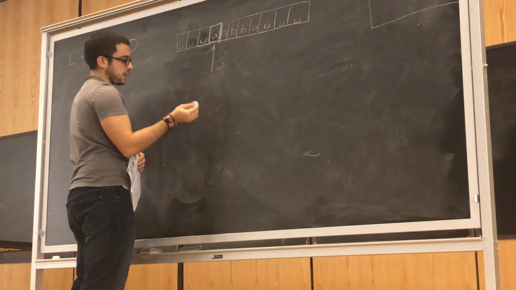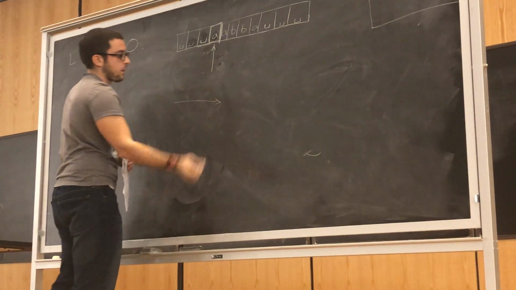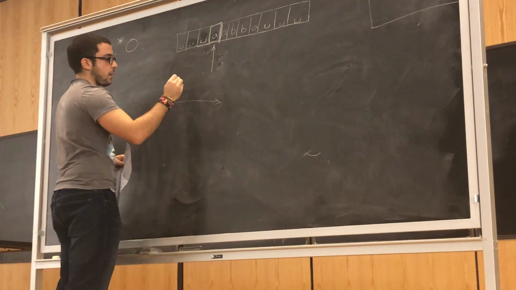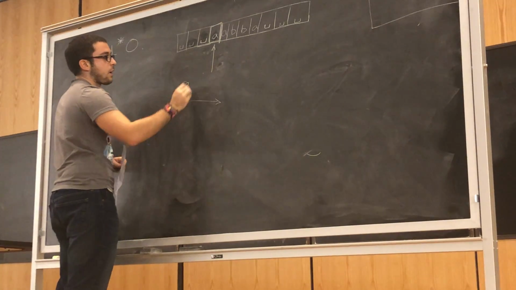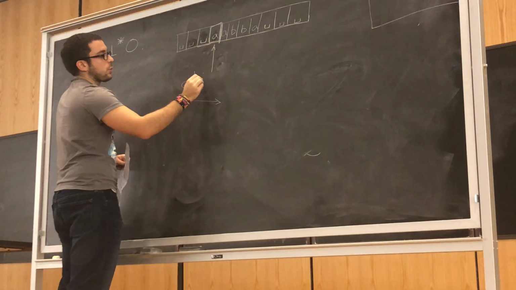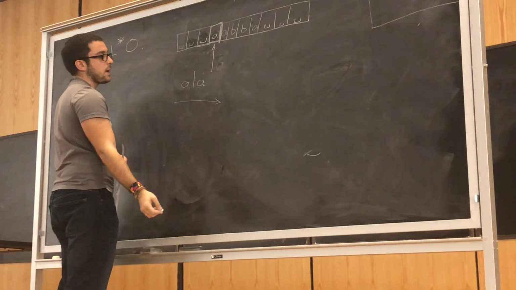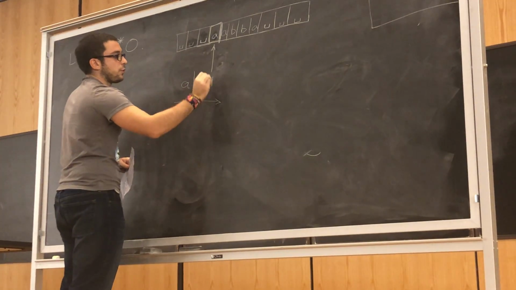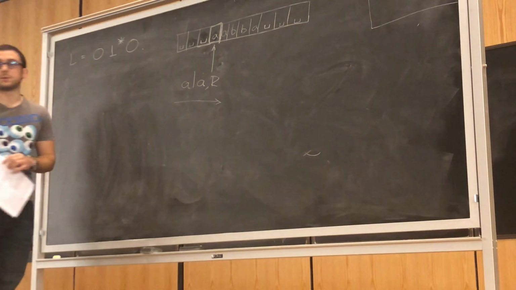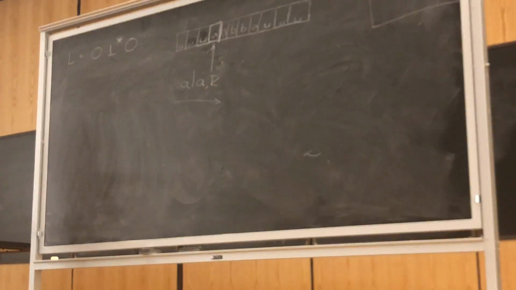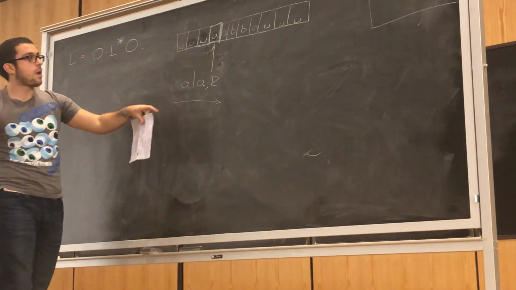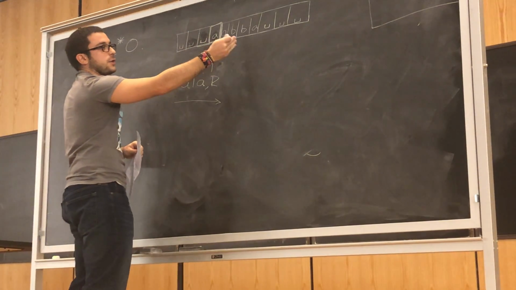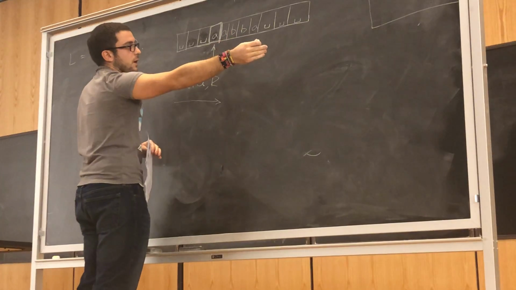So if I am at a specific state and I read, let's say, A, I will write the exact same A and I will move to the right. Okay? So if you follow this rule, no matter how many A's you have in your string, you will move to the right.